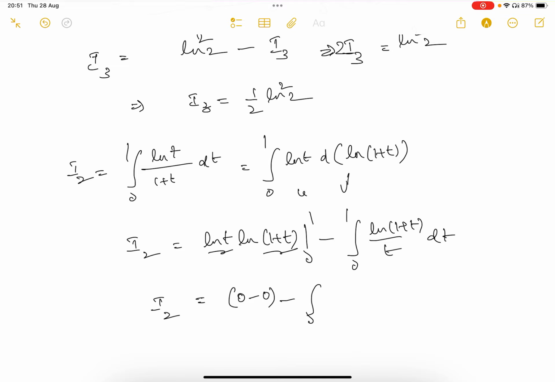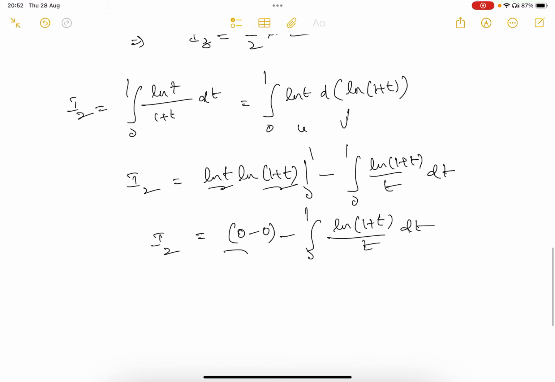So this is not contributing anything. I2 is minus integral 0 to 1 ln of 1 plus t by t dt.